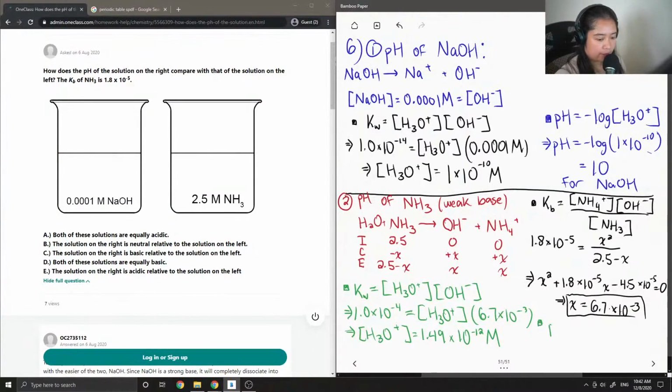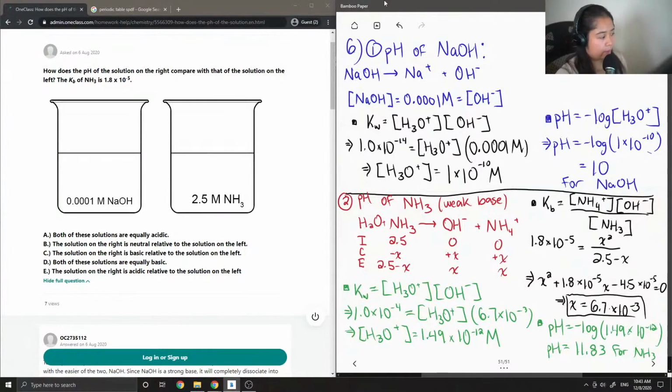So finally, we can sub this value in our pH equation, and we get a final pH of 11.83. And this is for NH3.